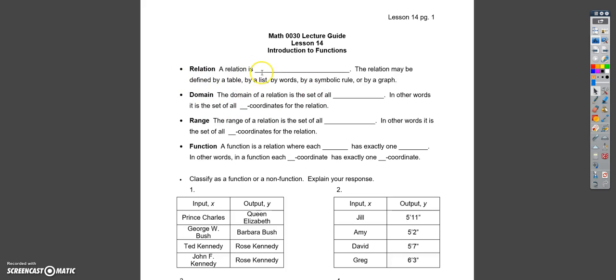A relation, this is lesson 14. A relation is any set of ordered pairs.